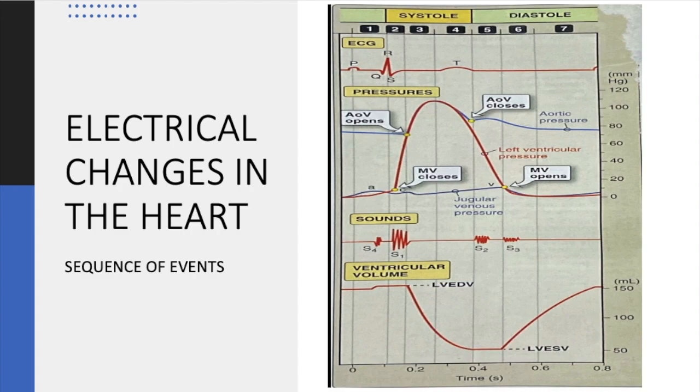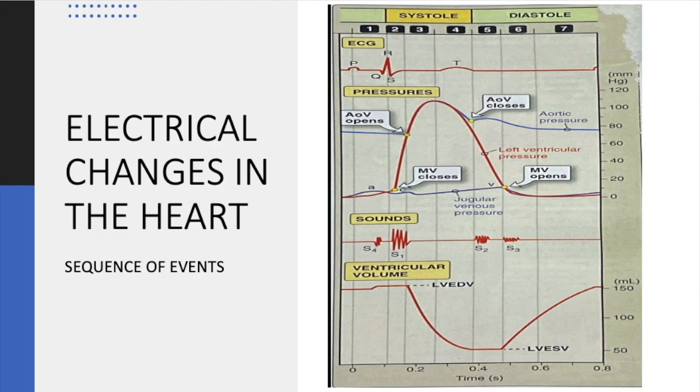So look at this figure closely. That's a very important figure. Here you can see that the heart repeatedly contracts and then relaxes and fills. The contraction, that is systole, of course, and the relaxation, that's called diastole.